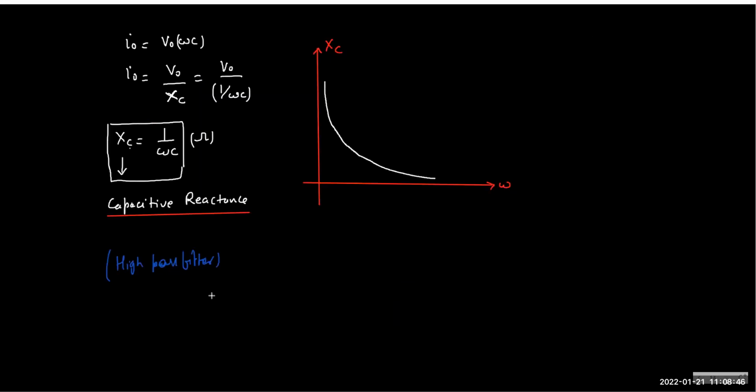So in a capacitor, the current will lead the voltage by pi by 2, so it will always remain ahead. And the last is called the inductor. An inductor is basically any coil.